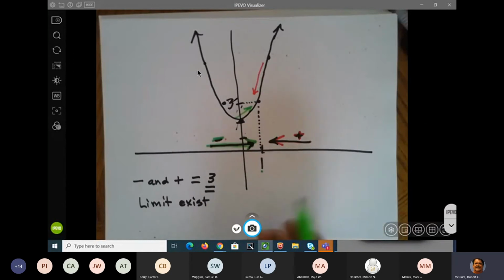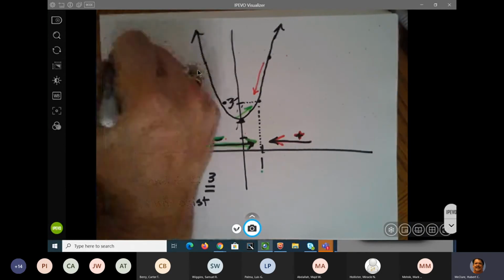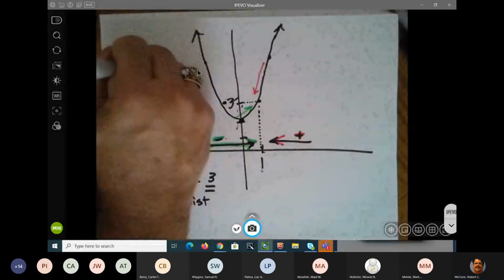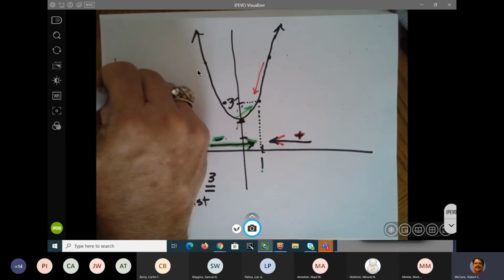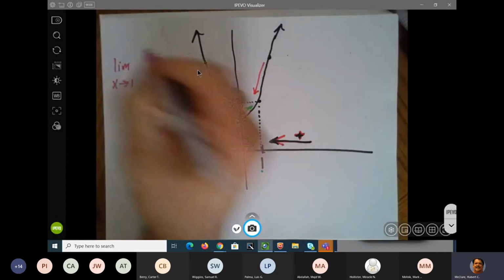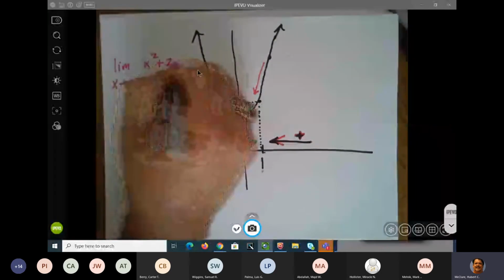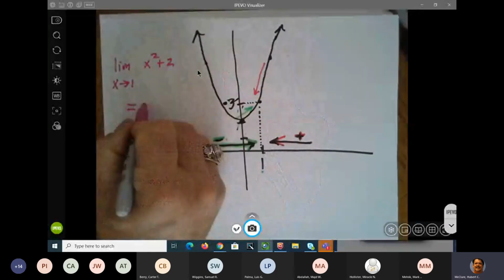And you could say that. You could go up here, and I'll do it in magenta. I can say legally that the limit as x approaches 1 of x squared plus 2 is equal to 3.